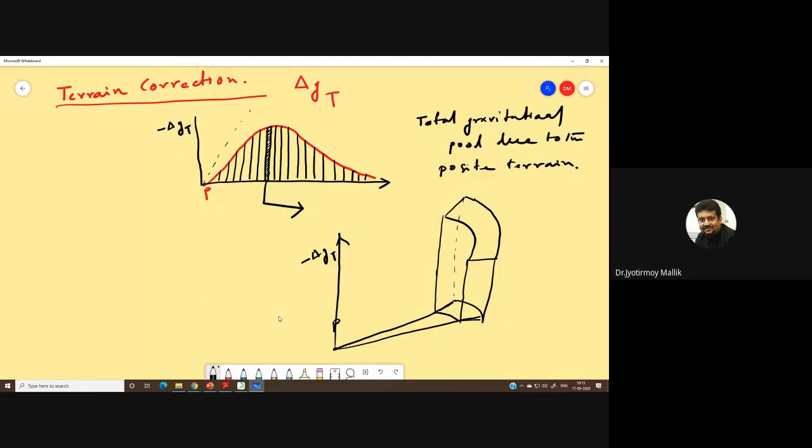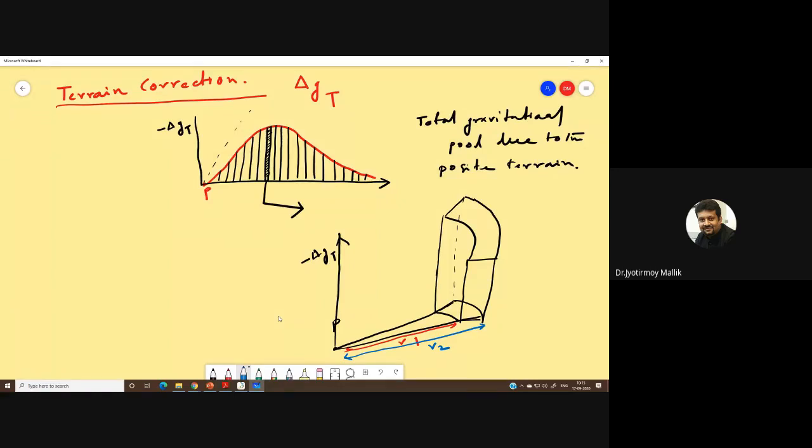And let us say this distance is R1. Okay. And then this distance, so the inner radius and the outer radius are R1 and R2 respectively.